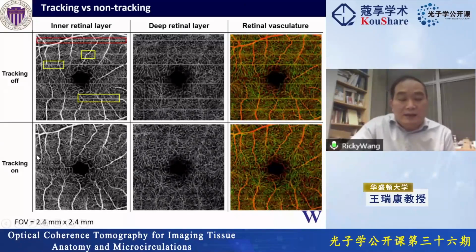When the tracking is turned on, you have fewer motion artifacts. Therefore, without the motion artifacts, you have the ability to quantify the blood vessel networks, for example, vessel density, vessel diameter, or even blood volume in the scanned tissue volume.